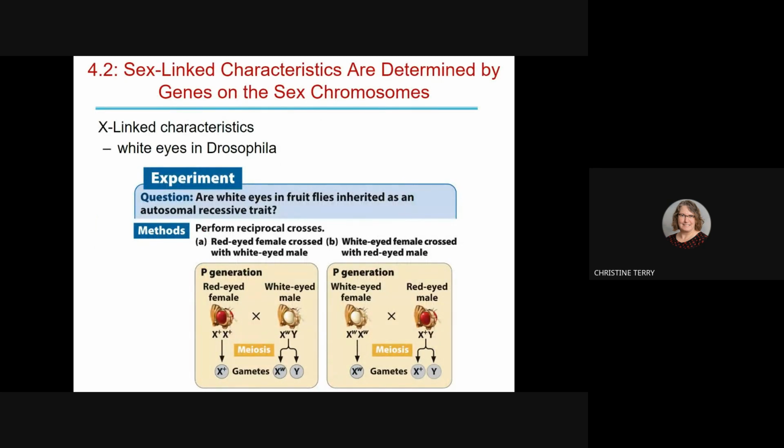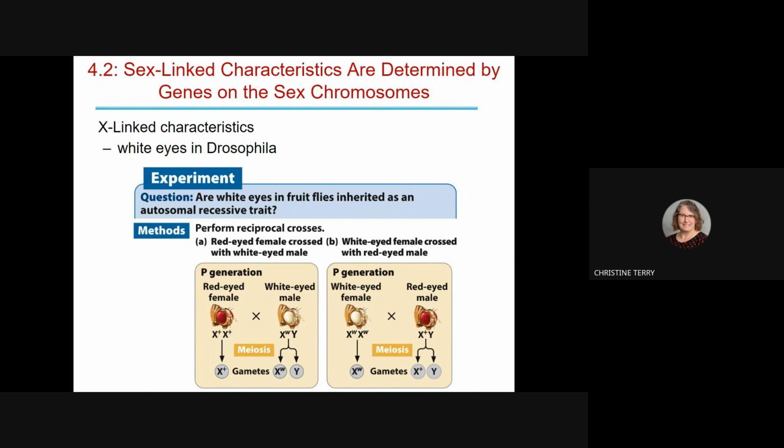Okay, so what does this mean when we look at inheritance? I talked to you guys a little bit last week about fruit flies and how Thomas Hunt Morgan was bound and determined to use them as a genetic model organism, but they all look the same. So he spent years mutating them, shooting them with x-rays, and finally got a white-eyed female.